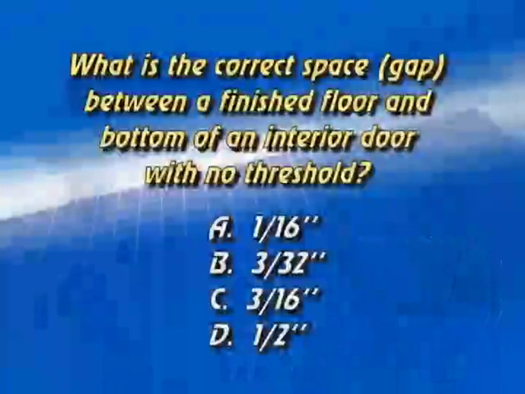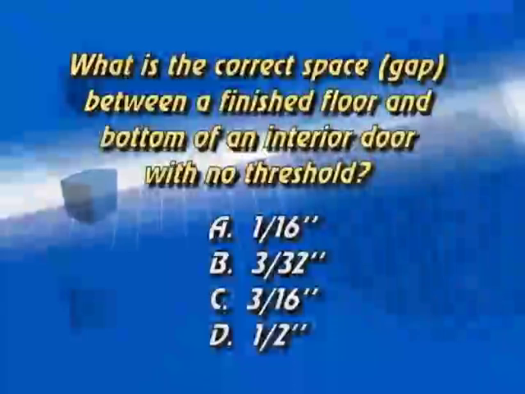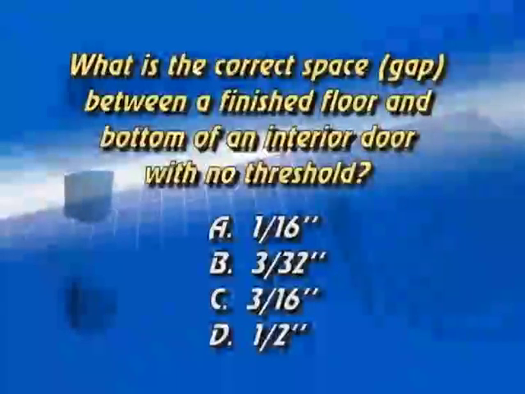Number 52. What is the correct space or gap between a finished floor and bottom of an interior door with no threshold? The ideal gap is 1/2 of an inch.